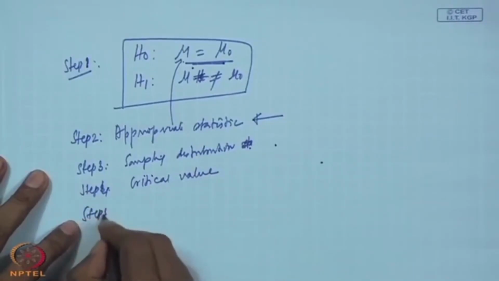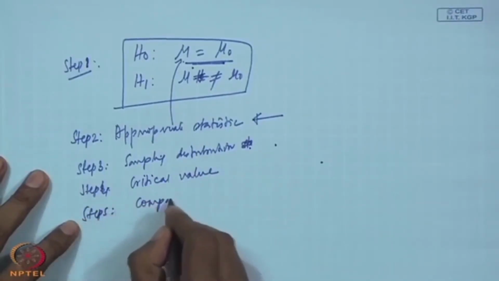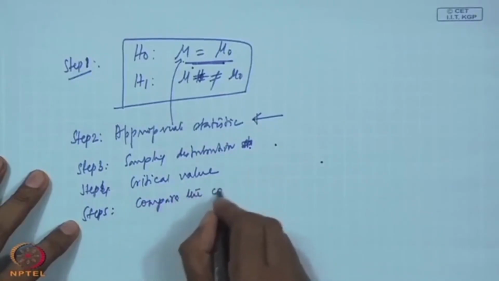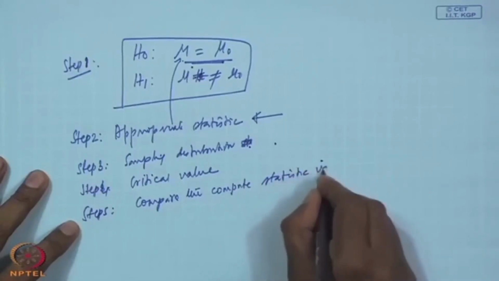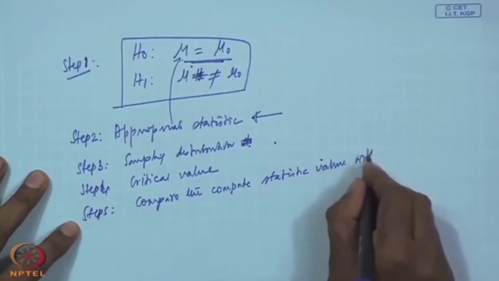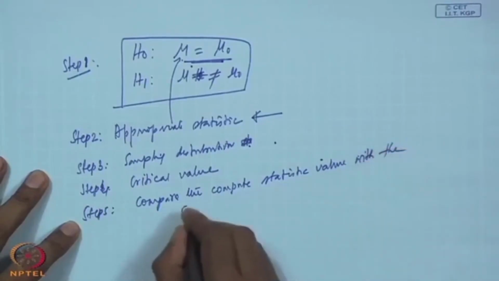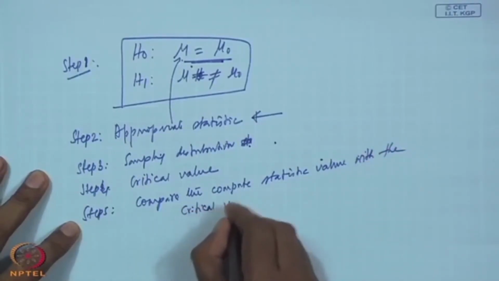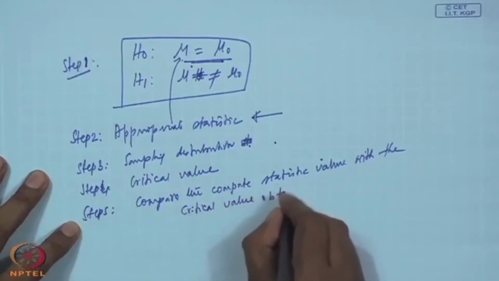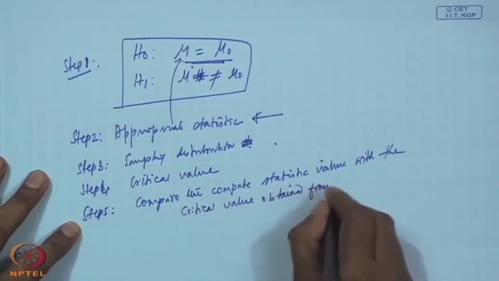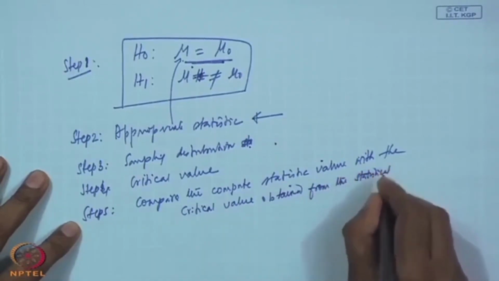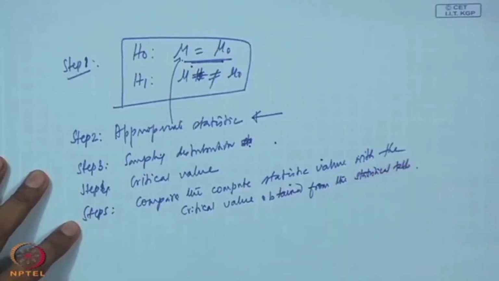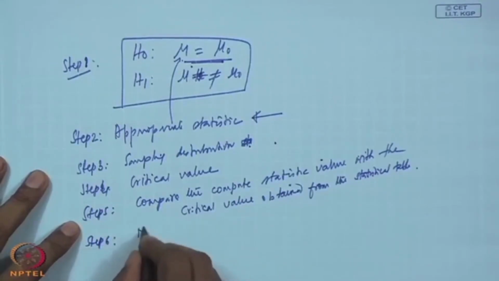Then your step 5, compare the computed statistic value with the critical value obtained from the statistical table, an appropriate statistical table. Then your step 6 is make a decision.